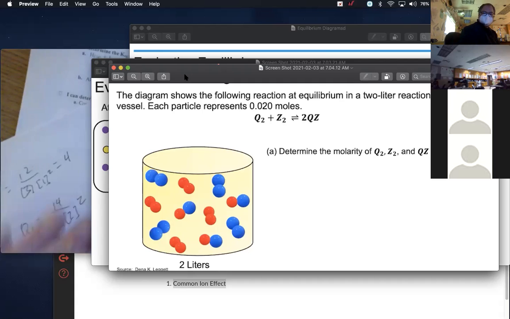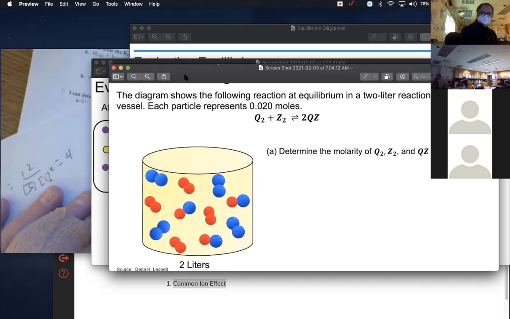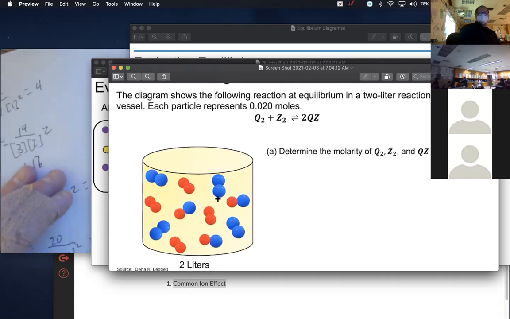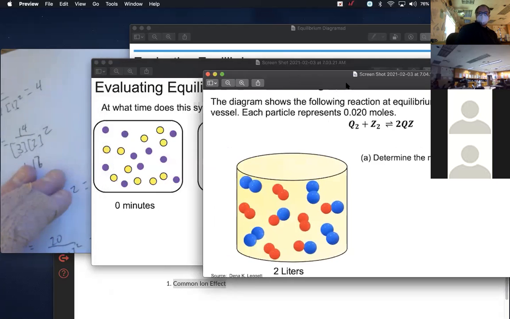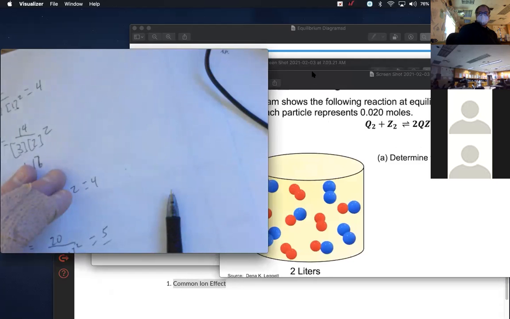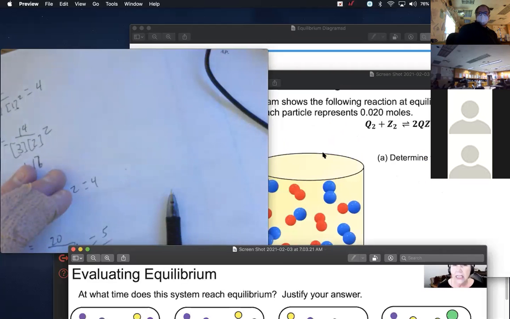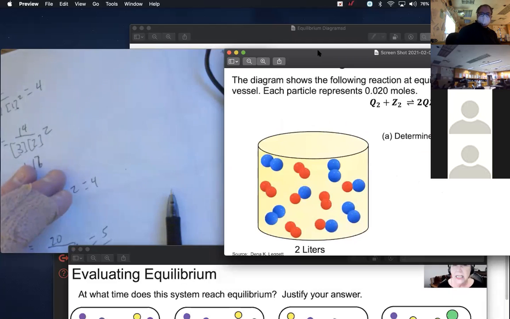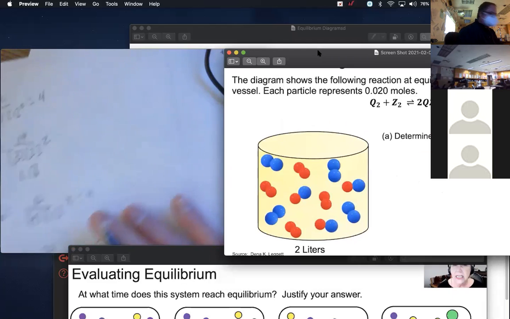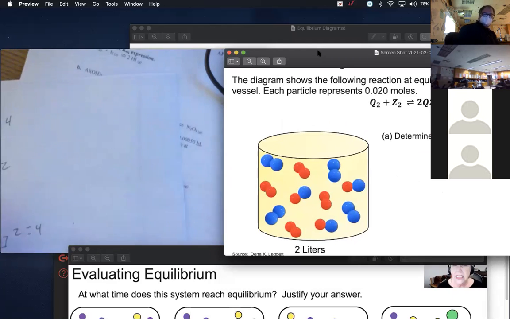So if we take a look, they didn't identify Q. Oh, look, I'm glad they put that there. I thought they were just going with the written word 2 liter. They did not identify what was Q or Z, but we don't have to identify what QZ is.